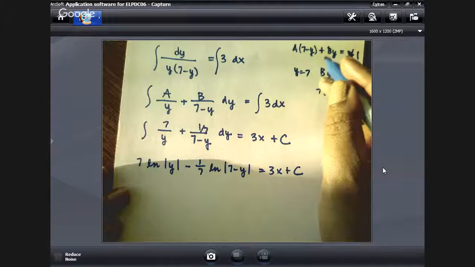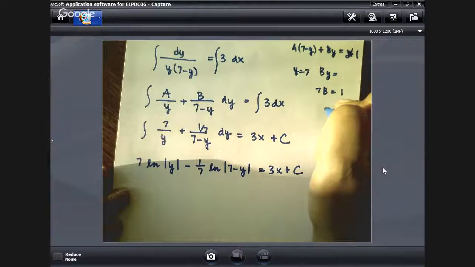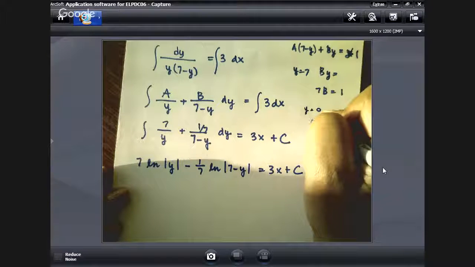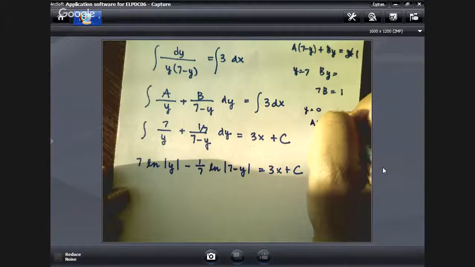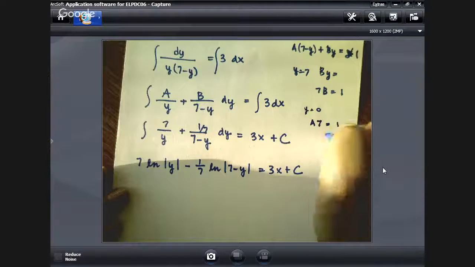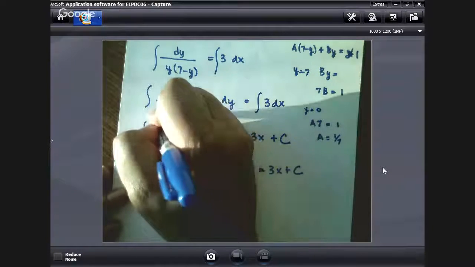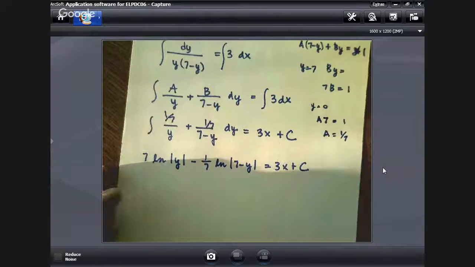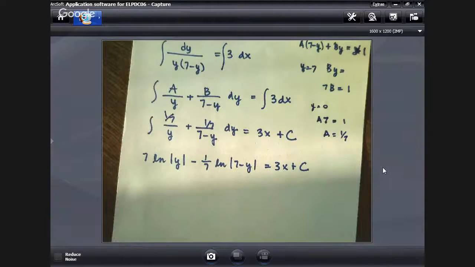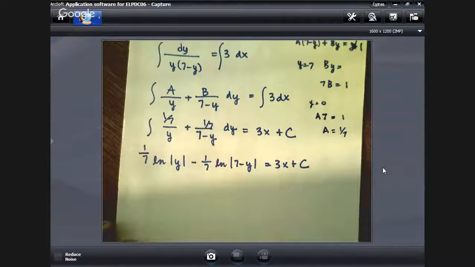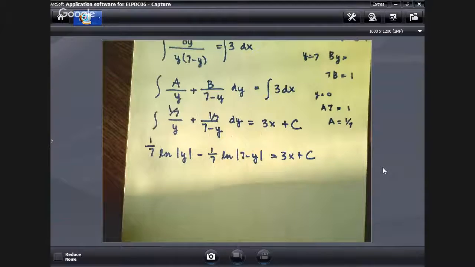So if y is 0, then a times 7 is equal to 1, and a is 1/7. I'm glad I checked that because I need to correct that right away. Now I know immediately what I did wrong, which is really why I stopped the problem, because I knew my constants weren't right. And now they match, and I feel better.